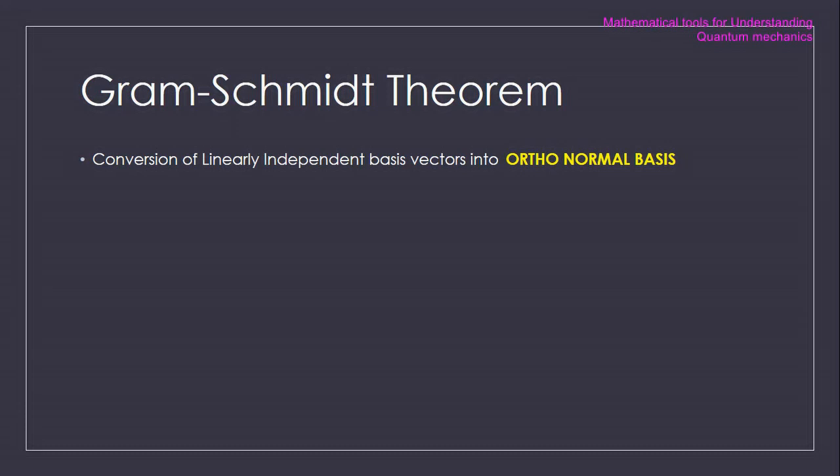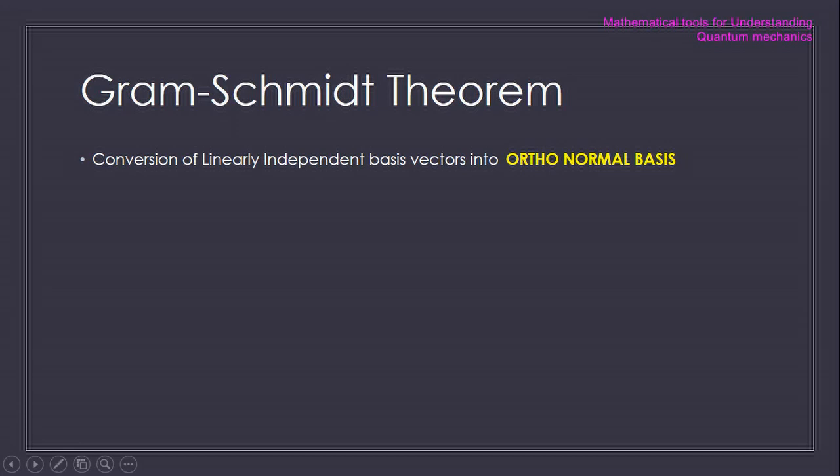This deals with orthonormal basis. What is a basis? We know linearly independent vectors in a space, or vector space, or matrix space. It can be anything. Ortho means those are all mutually orthogonal vectors. Their scalar product is 0.